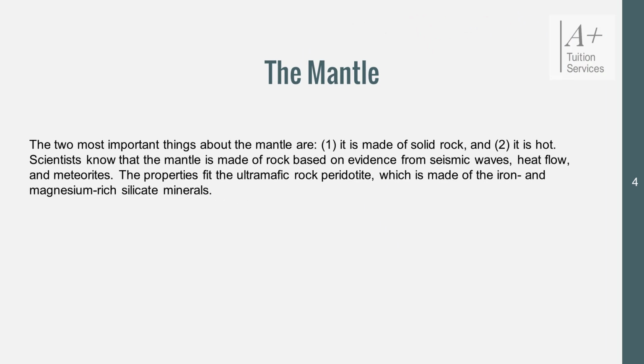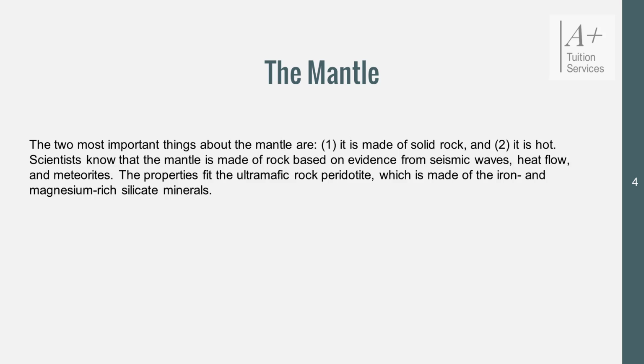Now we speak about the mantle. The two most important things about the mantle that we need to make note of is the fact that it is made up of solid rock and it is very hot. Scientists know that the mantle is made up of rock based on evidence from seismic waves, heat flows, and meteorites.